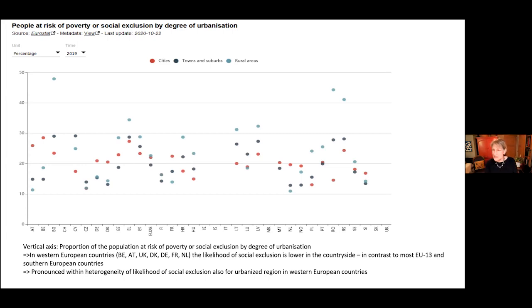This is a graph from Torben, and it is based on Eurostat data. It looks at, for different countries along the x-axis, this income disparity, the people who are at risk of poverty, and how that varies within country for cities, towns, and rural areas.